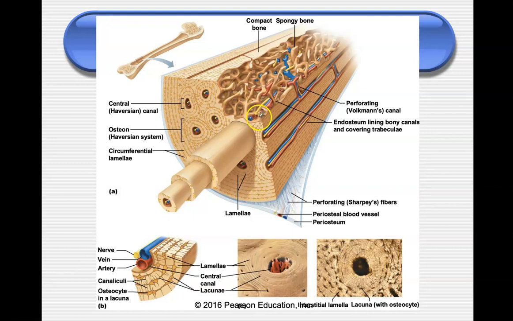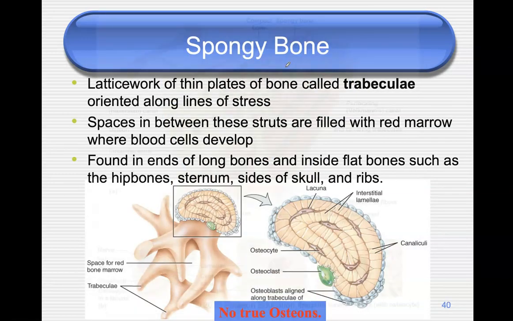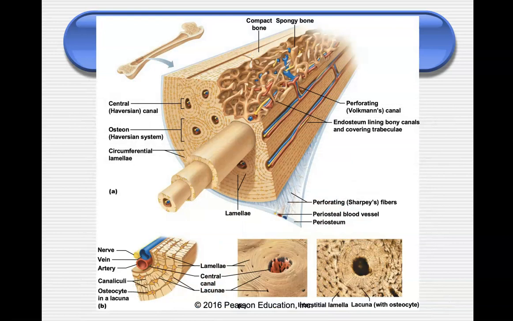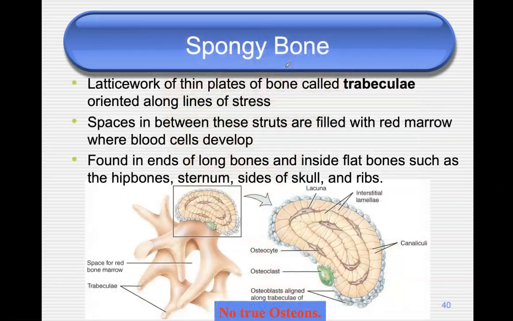So the endosteum is actually going to line the bony canals of the spongy bone that are going to be lining the medullary cavity. Okay, so this will be the medullary cavity here. So hopefully, if you're struggling with that, please set up some time with me and I can go over this with you, so that we can make sense of it for you.